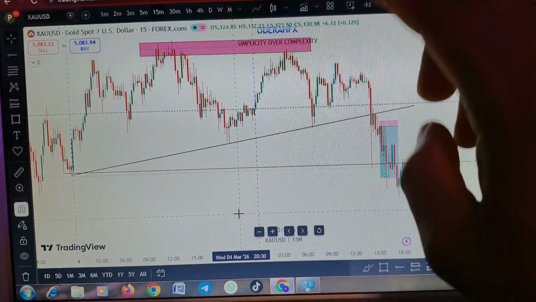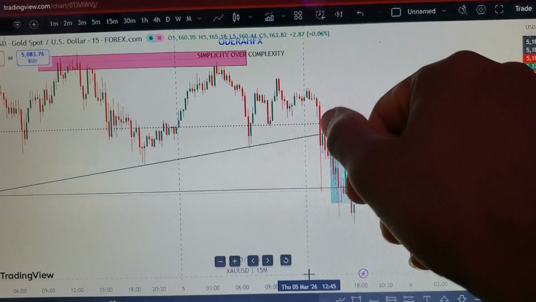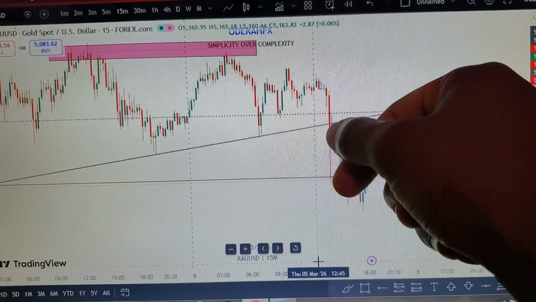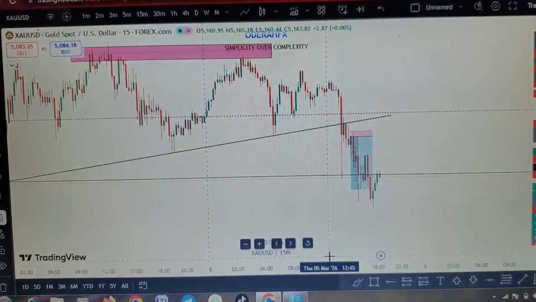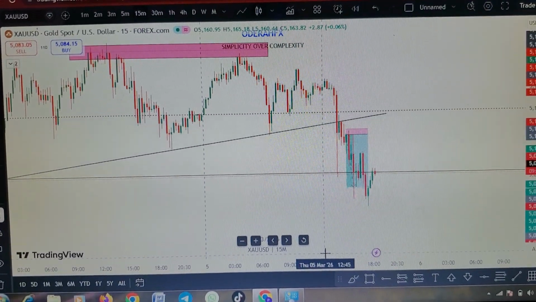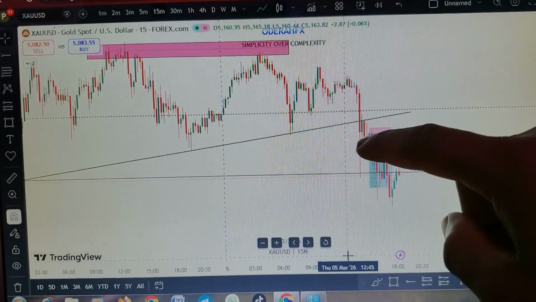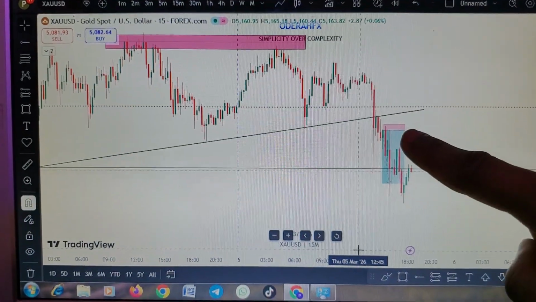Had it been that this candlestick turned bullish and broke above this trend line, I would automatically be looking out for buys. I'd be buying, not sells again. But it didn't break above it. Rather, it remained below the trend line breakout.